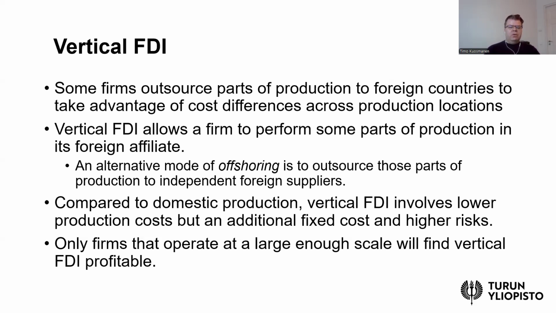So if you think about the trade-off of producing domestically versus producing in a foreign affiliate, vertical FDI involves potentially lower production cost, but has an additional fixed cost of establishing the foreign affiliate, and there are also higher risks. So again, only firms that operate at a large enough scale will find vertical FDI profitable.